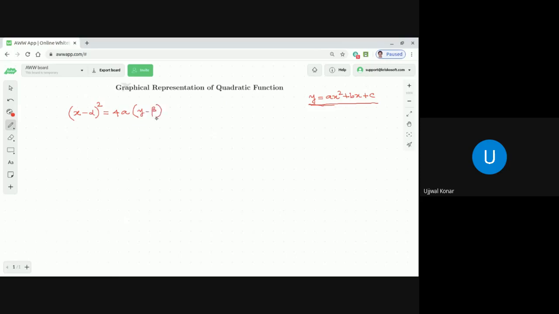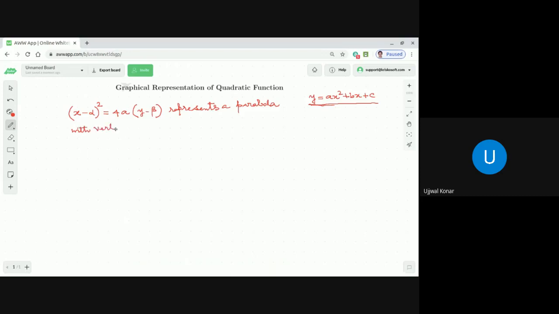This represents a parabola. What is parabola and what are the different properties of parabola, in detailed study, we are not going to do here. We just want to make those relevant points which are important for us to study the quadratic function and its graphical representation.